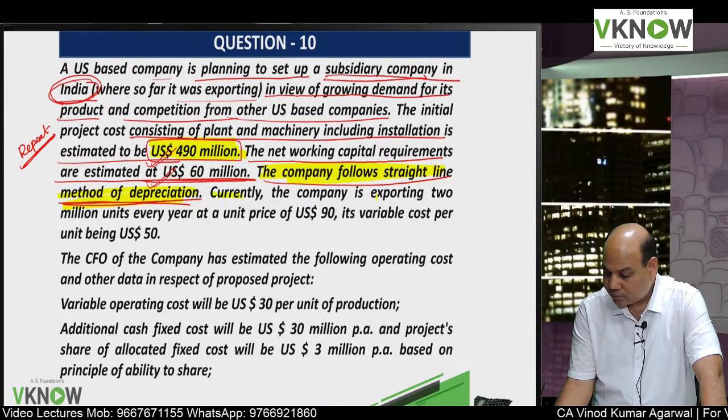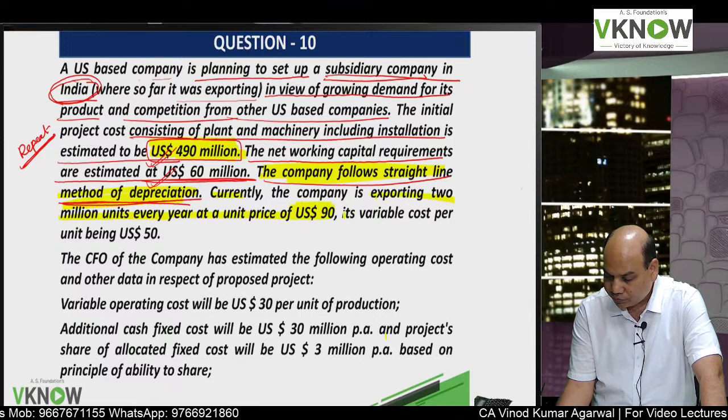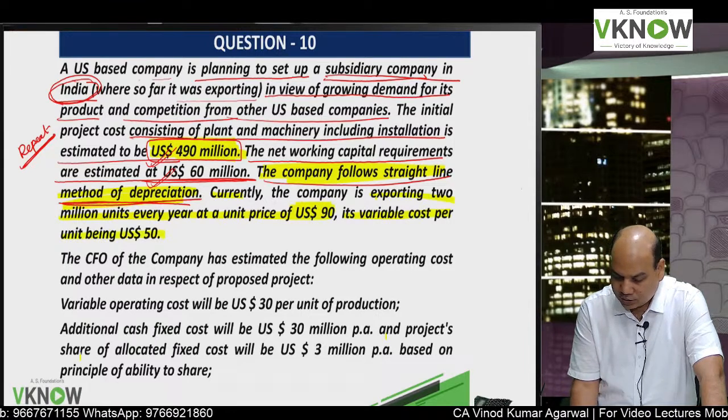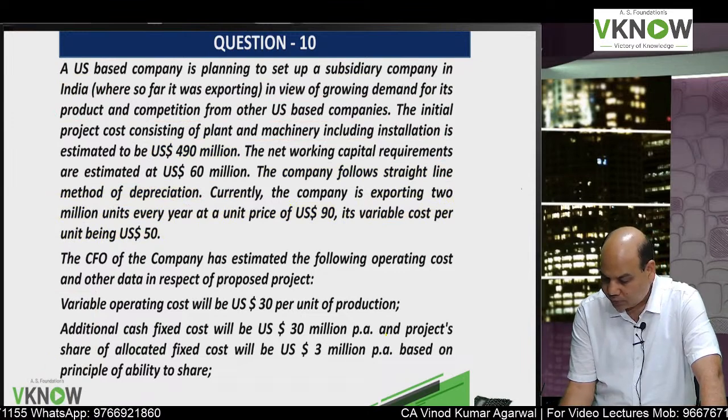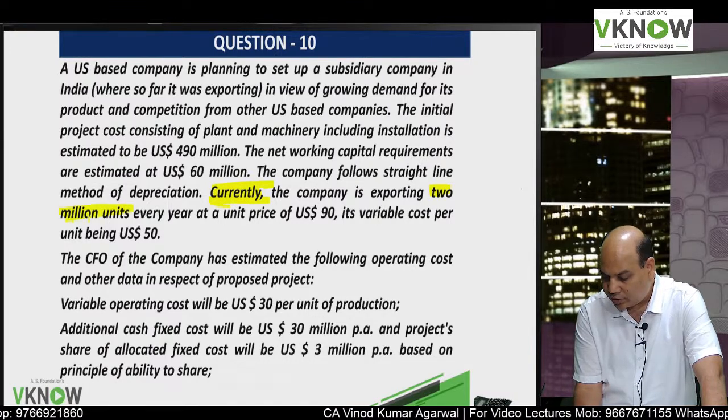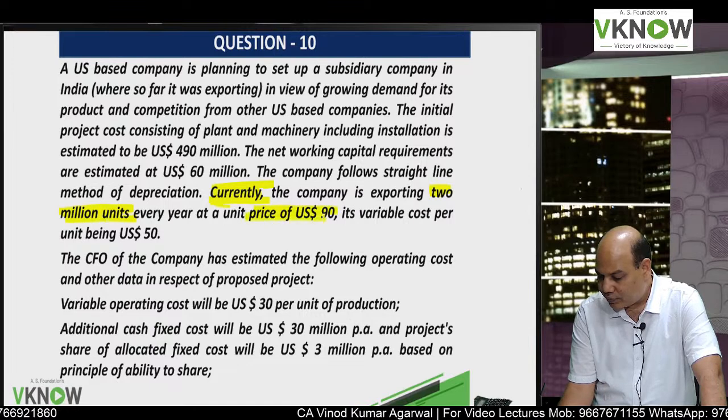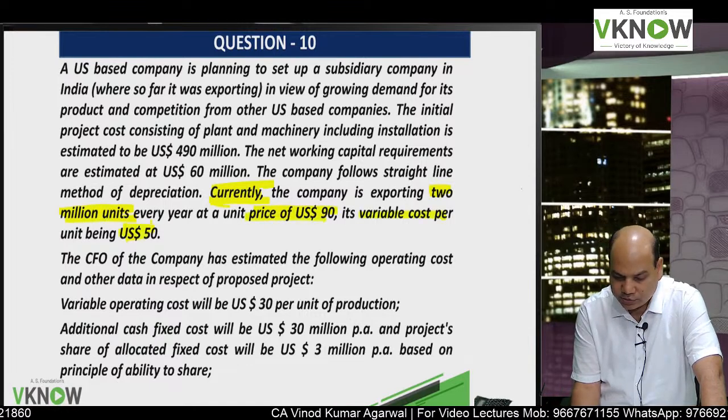Currently the company is exporting 2 million units every year at a unit price of $90. Its variable cost is 50 USD. Underline. At present the sale is 2 million quantity. Selling price is 90, variable cost is 50.